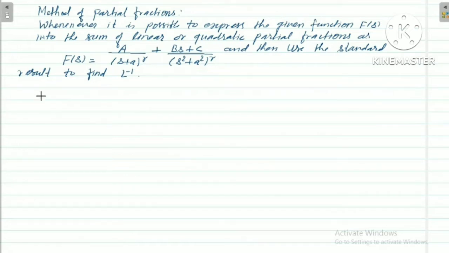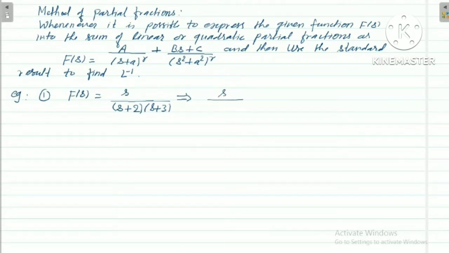Okay, suppose examples. Suppose your function is given in the form of linear. Okay, f of s is given in the form of linear, that is, s upon s plus 2 or s plus 3. Then just express this function as a upon s plus 2 as a linear factor, s plus 3.